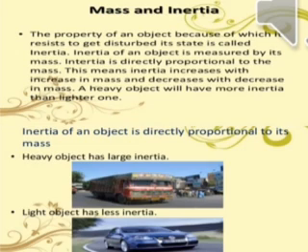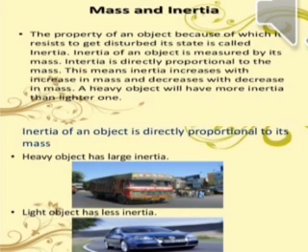This is because, in comparison to the cart, the train has a much lesser tendency to change its state of motion. It means that the train has more inertia than the cart. These situations or experiences show that inertia depends on mass.